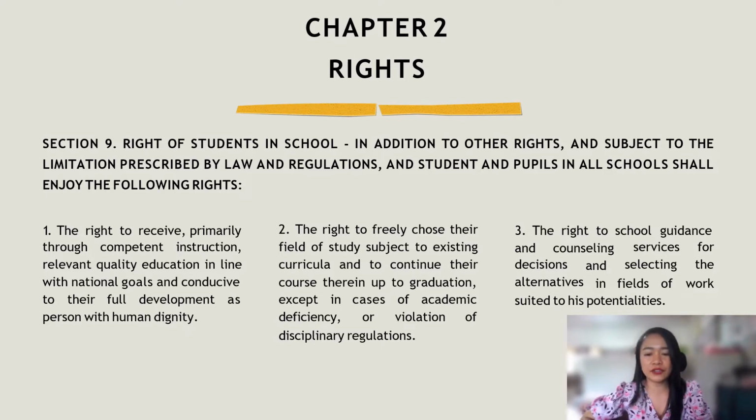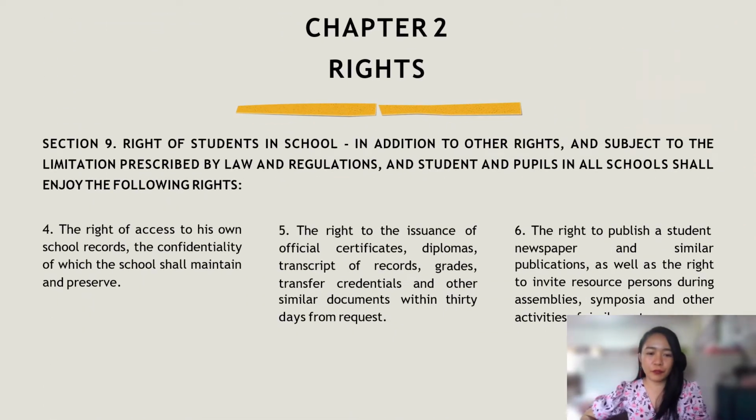Number 3, the right to school guidance and counseling services for decisions in selecting the alternatives and fields of work suited to his potentialities. So we have number 4, the right of access to his own school records, the confidentiality of which the school shall maintain and preserve. So for example, in reality, here in our school, we remind parents, if possible, not to take photos and post on Facebook, on social media, the grades of their learners or their children, but it is also their right to be confident and be proud of their learners.